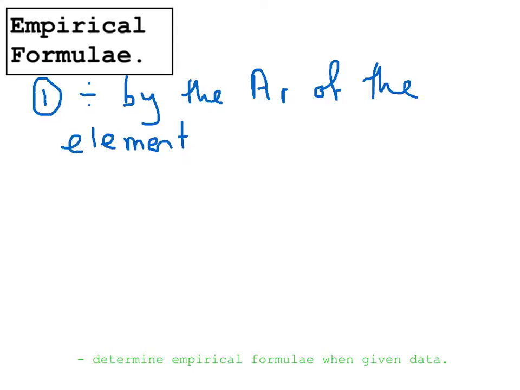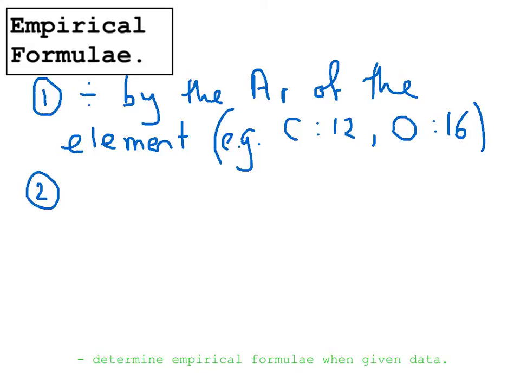So, for example, if the percentage or mass represented carbon, it would be 12. If it represented oxygen, it would be 16. And so on.